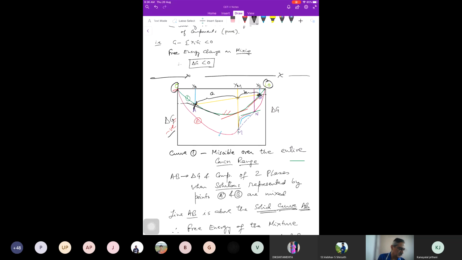So this is 10%, and this is say 0.9. And if I mix these two solutions together, the delta G will be somewhere on this line connecting A and B. And the composition will depend on the ratio of A and B. क्या बोलते हैं अपना lever arm principle. So it will depend on what is the composition of A and B, or rather ratio of A and B.